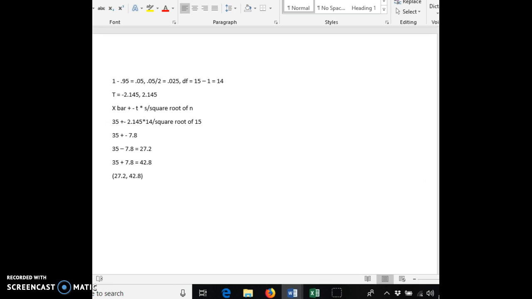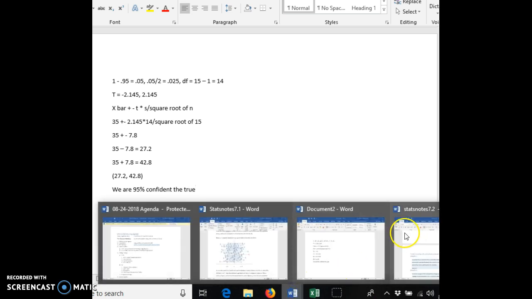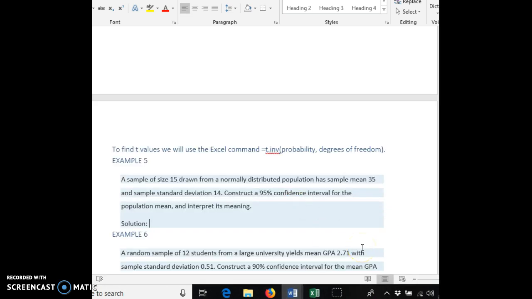Now let's go back to the situation for a minute and do our interpretation. We are 95% confident that the true, well, let's take a look back at our situation to see the true what. We were talking about a general situation.